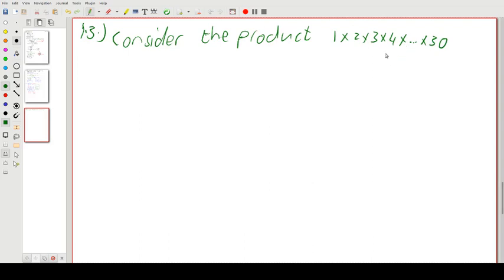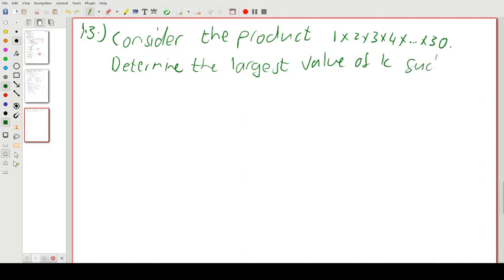Right, consider that product, and then determine the largest value of k, such that 3 to the power k is a factor of this product.